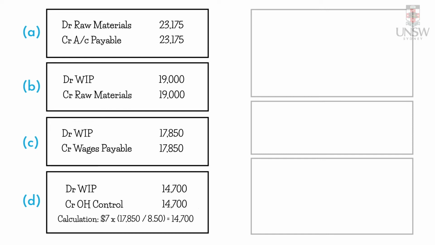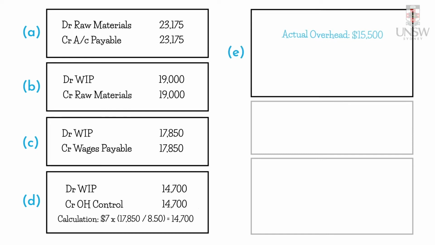Part E, we're told that the actual overhead was $15,500. We find this out much later. The earlier step is the applied overhead, which we can calculate as soon as we know the actual direct labour hours.